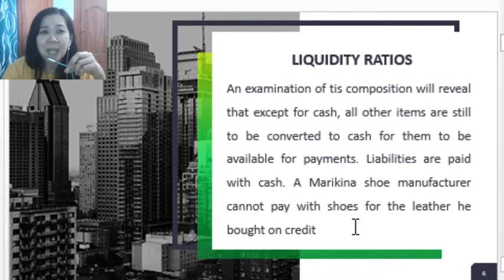This should be paid in cash. This is an example of a liability that should be paid in cash and not in other forms of non-cash assets. This is what we are emphasizing.